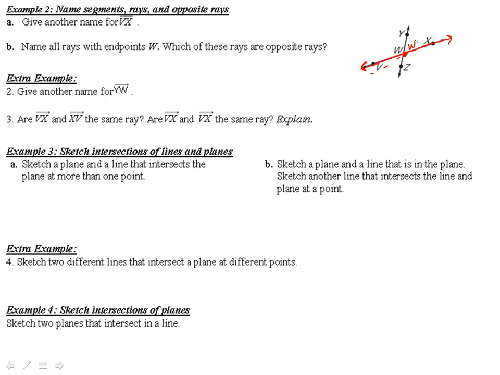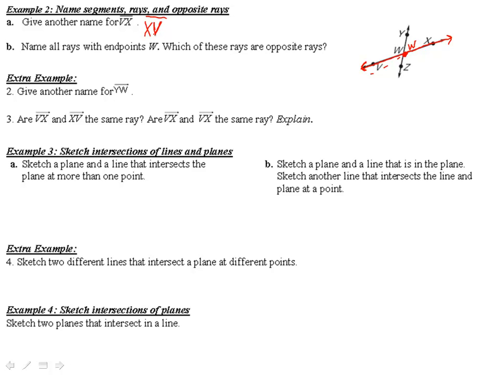So W is a point there. So I've got the points V, W, and X on that line. So another name for segment VX, well, even though W is on there, we still need our endpoints of this segment. So the only other option would be segment XV. It's the only other way we can name that segment because we must have the endpoints.